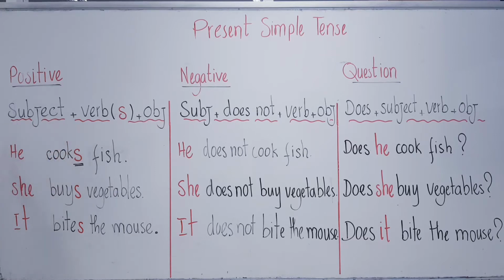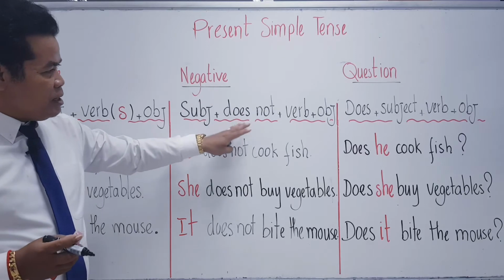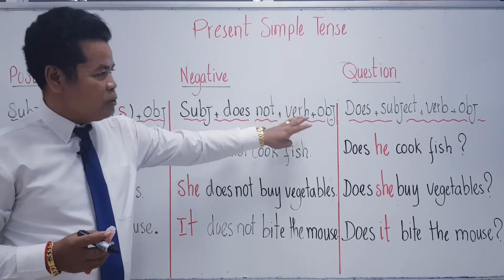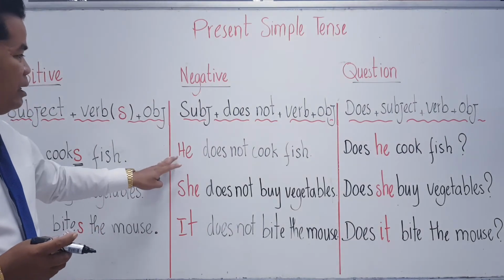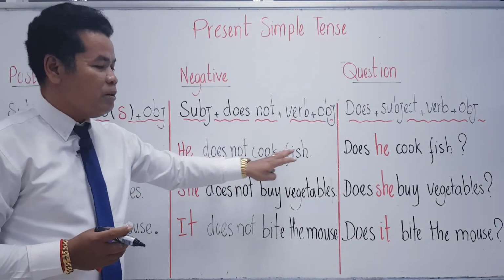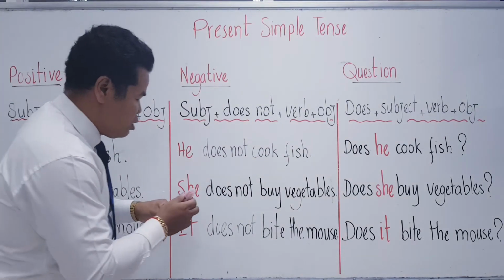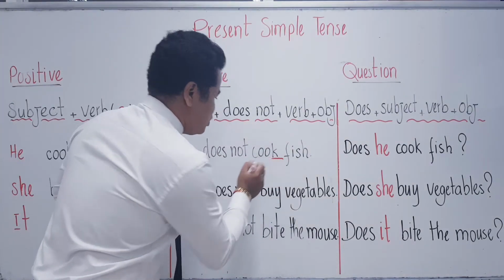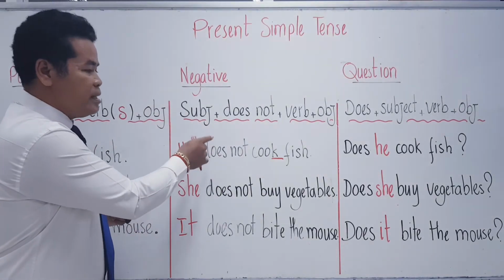And now we go to negative. Subject plus does not, plus verb plus object. Example: he does not cook fish. There is no S at the end of the word cook here. The reason is this sentence is the negative one.